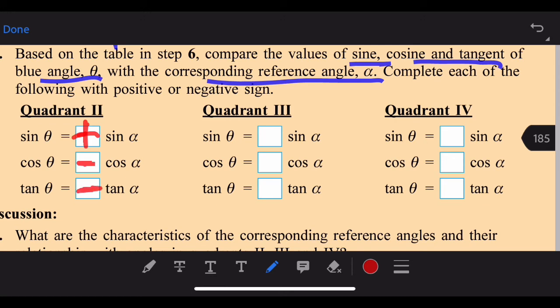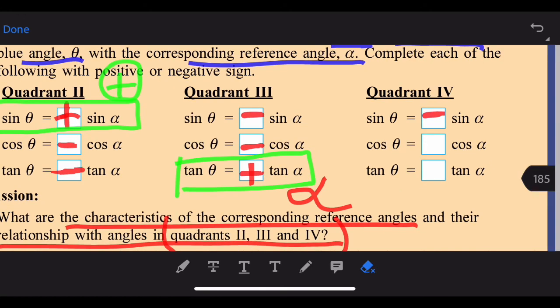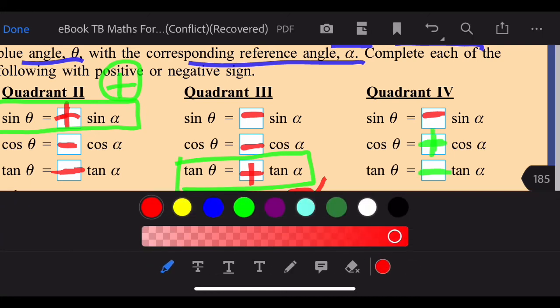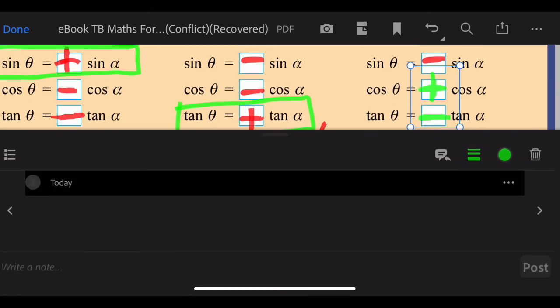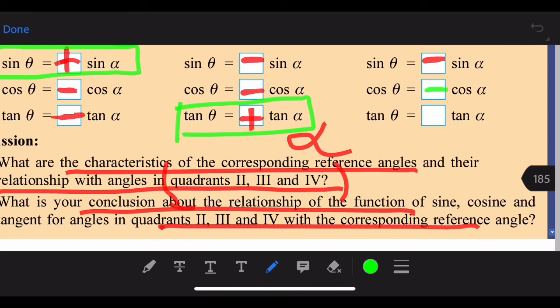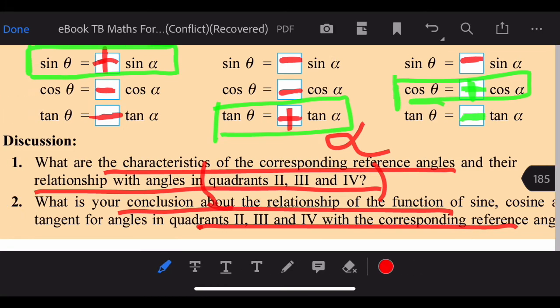For third quadrant, sine will become negative, cos will become negative, tangent becomes positive. Fourth quadrant, number 4, sine is negative, tangent is negative. So for fourth quadrant, cosine will be positive. Let's write down again. Okay, this is positive, this is negative. For fourth quadrant, cosine will be positive, right?